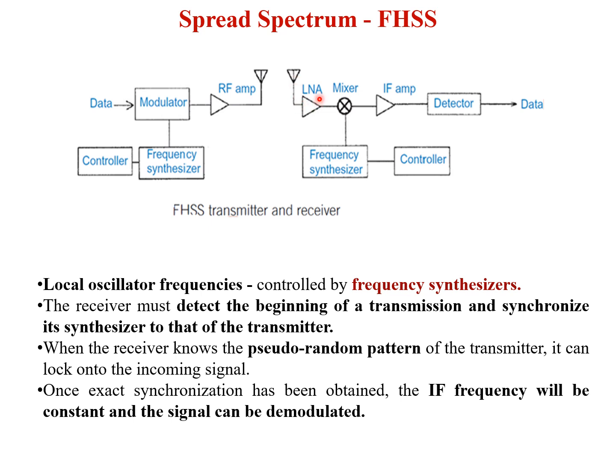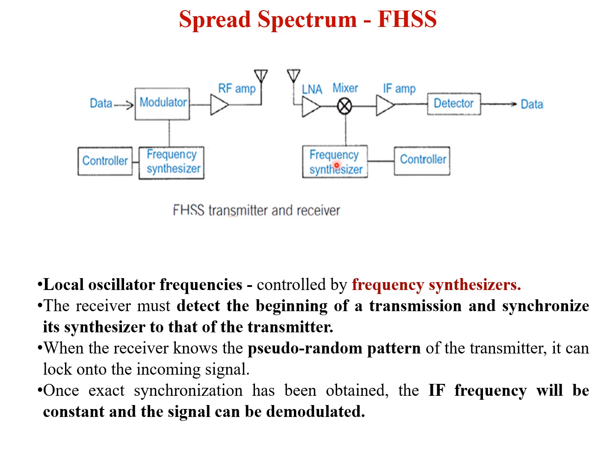If there is any noise present in it, it is removed by the low noise amplifier, then applied to the mixer, where the signal is mixed with the receiver's local oscillator carrier frequency, which is controlled by the frequency synthesizer. The receiver first detects the beginning of the transmission, then synchronizes its synthesizer to that of the transmitter. Once the receiver knows the pseudo pattern of the transmitter, it can lock onto the incoming signal.